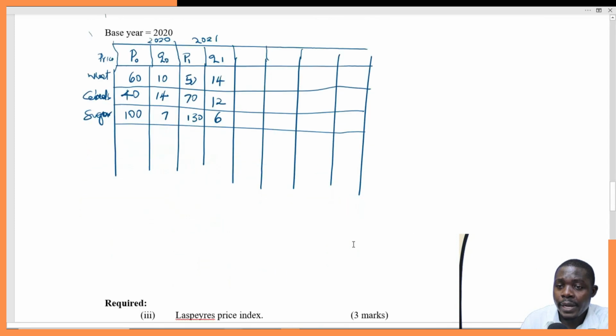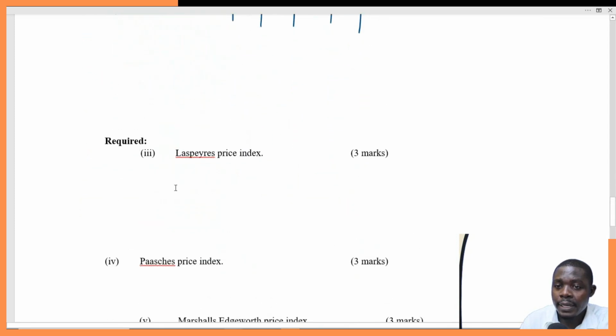What are the formulas for determining the Laspeyres price index? Let me write the formula. The Laspeyres is equal to the summation of P1 Q naught over the summation of P naught Q naught, multiplied by 100.